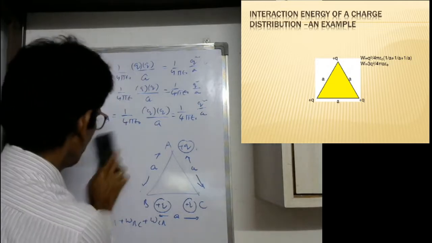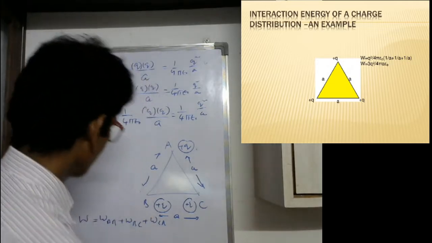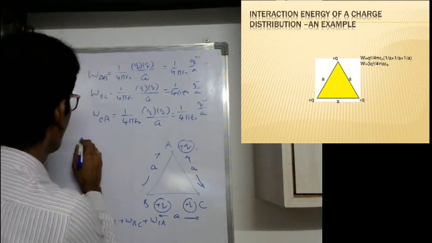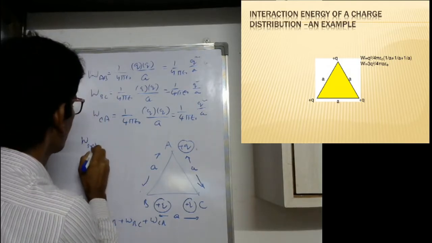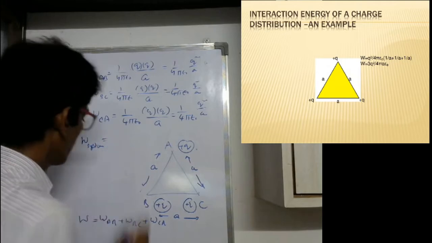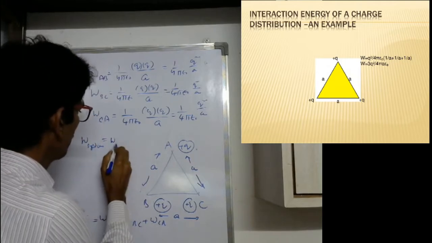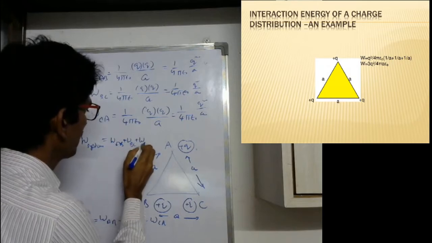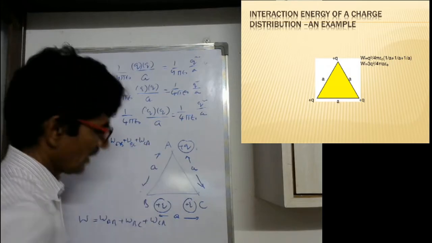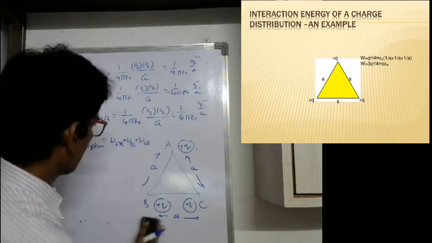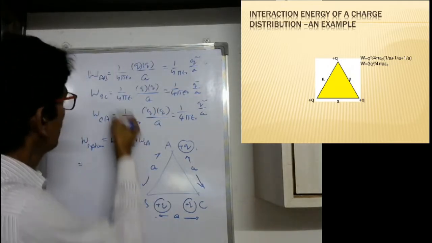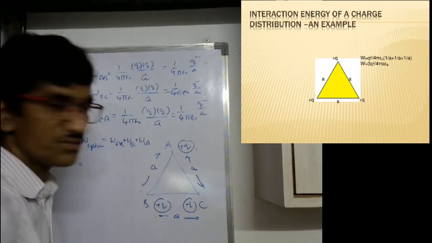Now let us find the total energy of the system by using this formula. W system is equal to WAB plus WBC plus WCA. Now substitute for these three things, WAB, WBC and WCA.